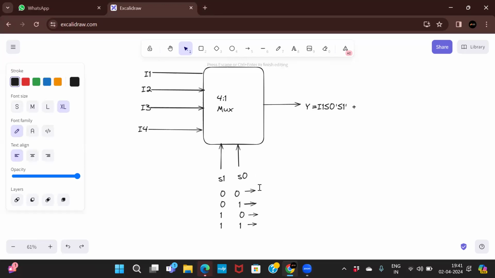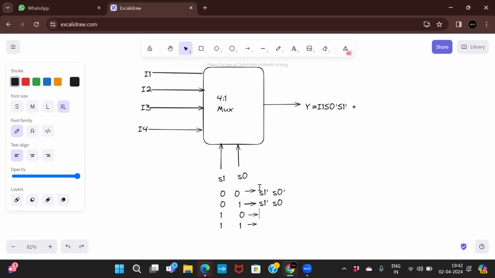S0 is 0 and S1 is also 0, so S1 bar, S0 bar. Similarly, S1 is 0, so S1 bar, and S0 is 1, so just write S0.